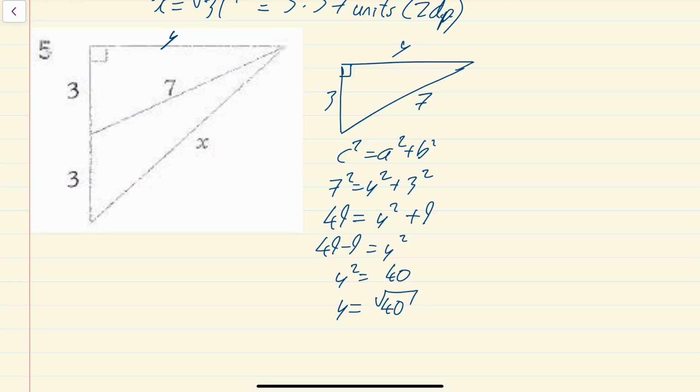Now we're going to look at the big triangle. So we're looking at this big triangle here. This is the one we're looking at, and we're looking at it because we now know what our y is. So we know what this side y is. So let's just draw this triangle out.